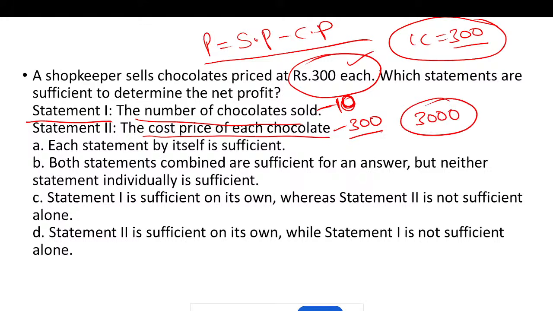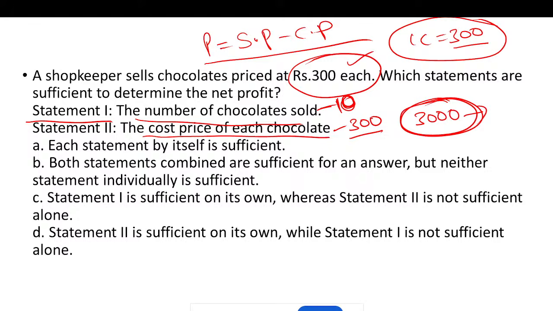One chocolate is 300, and like that they sold 10 chocolates. That means the total value is 3000 rupees.